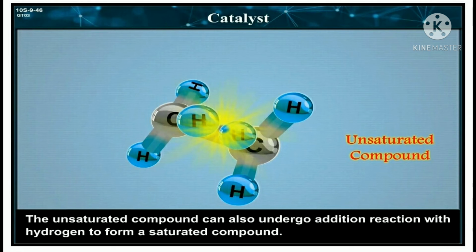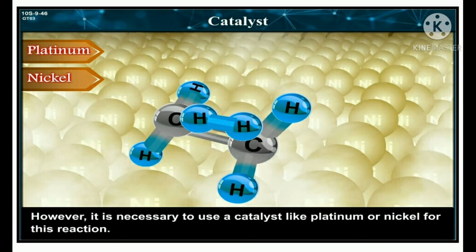Let us learn about catalyst. The unsaturated compound can also undergo addition reaction with hydrogen to form a saturated compound. However, it is necessary to use a catalyst like platinum or nickel for this reaction.